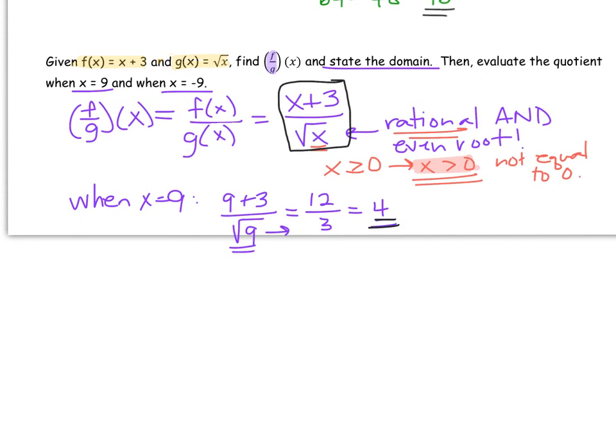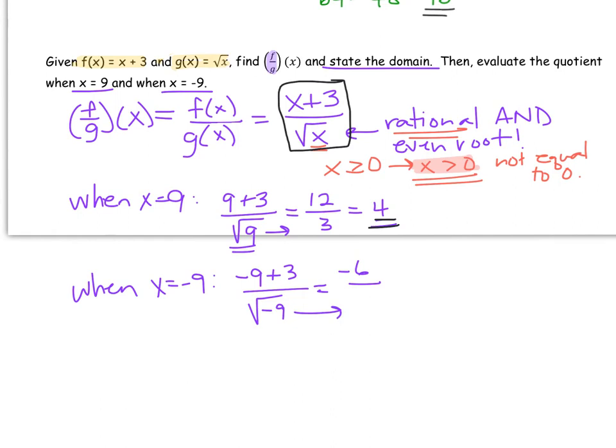But watch what happens when we try to plug in negative 9. Still plug it in as normal, negative 9 plus 3 in the numerator, and then the square root of negative 9 in the denominator. In the numerator, negative 9 plus 3 would be negative 6, but in the denominator, the square root of negative 9 isn't possible.